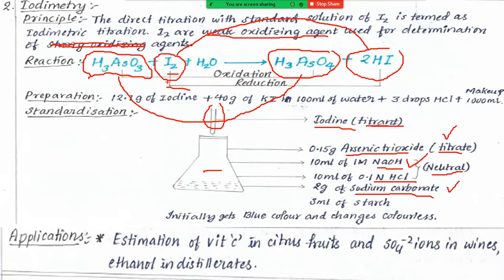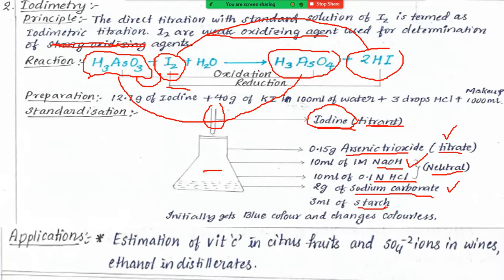So the sodium carbonate will be stabilizing the reaction. H3AsO3 moves fast and iodine reacts very slowly, so there is an incompatibility between these two compounds, due to the presence of the weak oxidizing agent, iodine. So the sodium carbonate will be controlling the reaction, lowering the rate of reaction so that iodine can easily react with the other reducing substances.